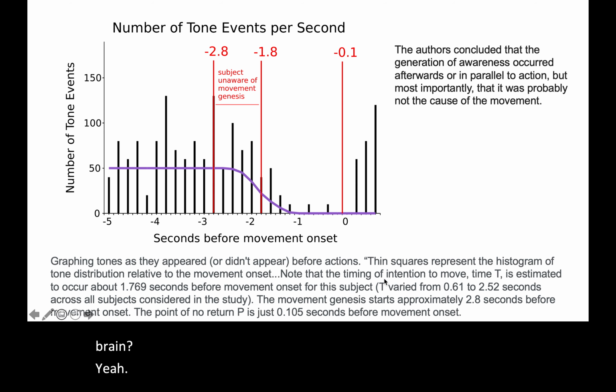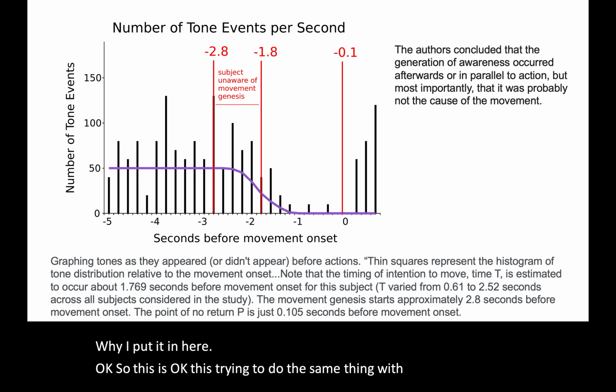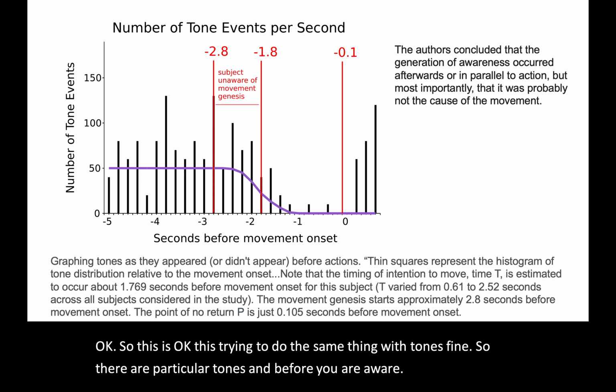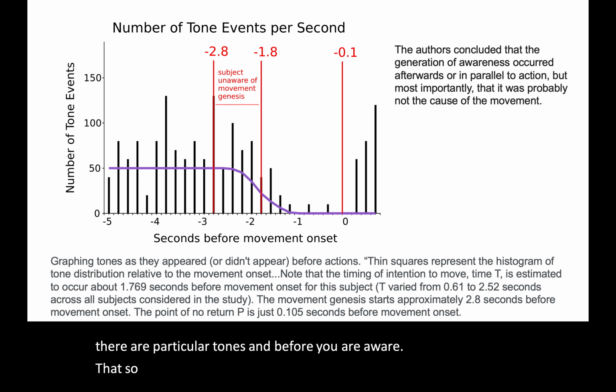So let's read this, because I put it in here and I'm trying to remember why. Okay, this is trying to do the same thing with tones. So there are particular tones, and before you're aware, they'll play different tones and then have you do something.